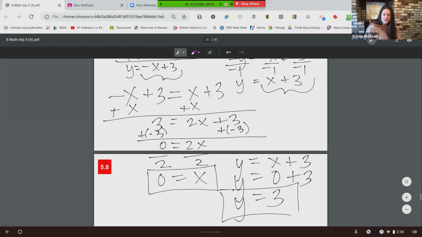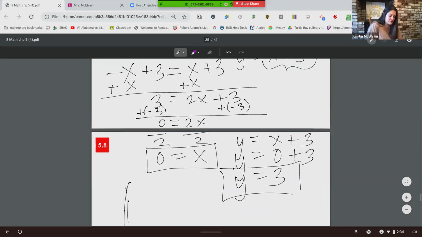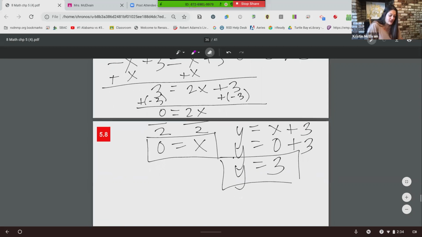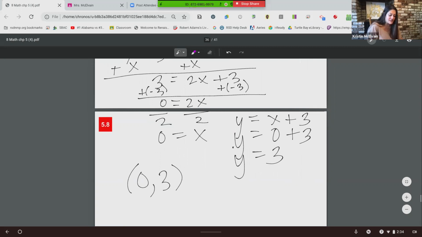So the solution, and what it means, is where the two lines intersect is at, oops. Oh my goodness, I'm just scribbling all over the place. There we go. All right, so the answer to this is the coordinates 0, 3. All right, and so actually I'm going to unbox these because the actual solution is this one here.